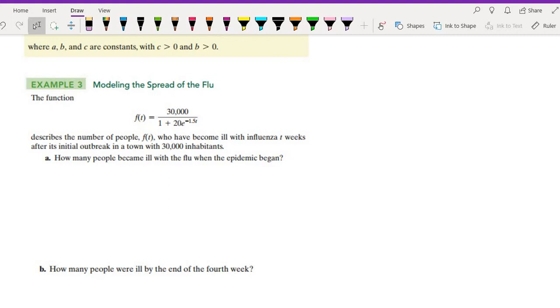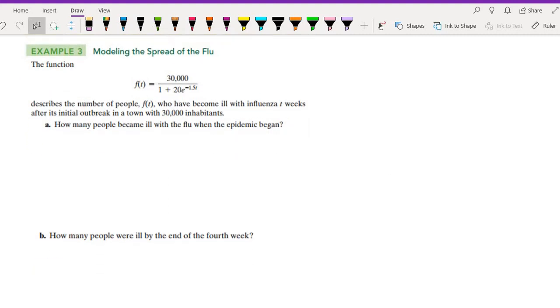Example 3: we have the function f of t equal to 30,000 over 1 plus 20 e to the negative 1.5t. It describes the number of people f of t who have become ill with influenza t weeks after its initial outbreak in a town with 30,000 inhabitants. Part A asks how many people become ill at the beginning.